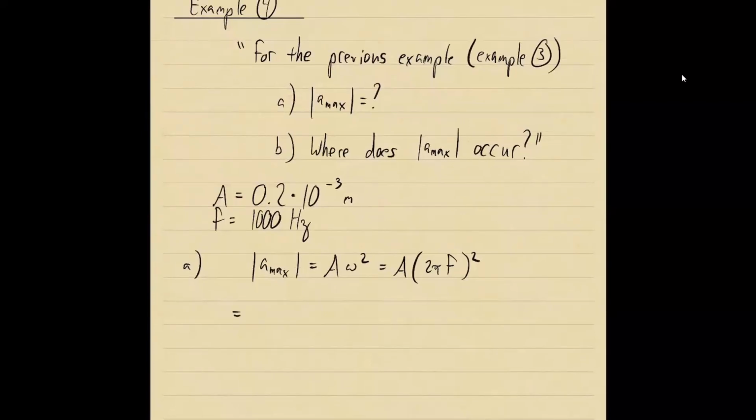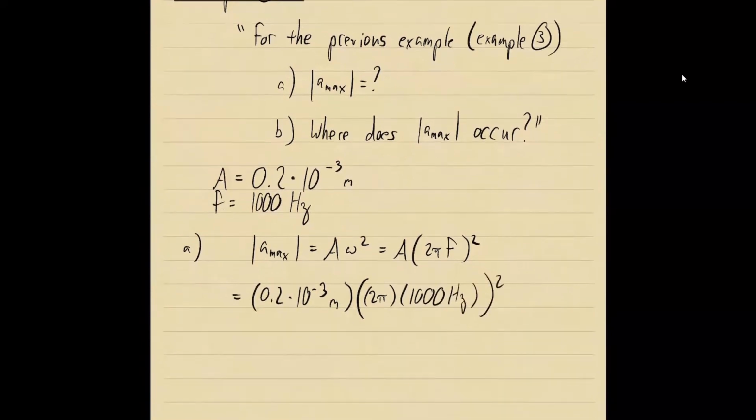Right, so when we just plug stuff in, A is 0.2 times 10 to the -3 meters. Then we have 2 times pi times 1000 hertz. We're squaring all that.